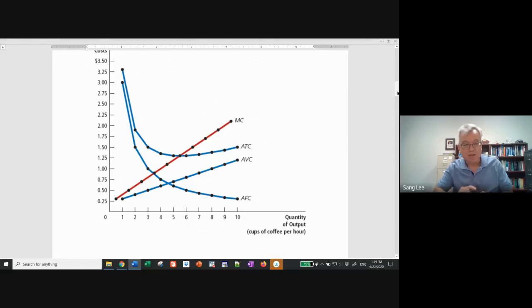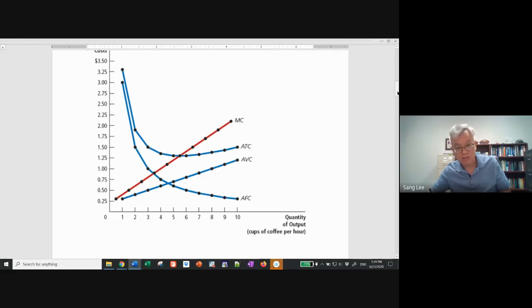And the marginal cost in the previous table, well, we learned that whenever an additional cup of coffee was produced, that additional cup of coffee cost more and more in an increasing manner. Okay, so that's why again, the marginal cost curve here does not have any declining segment.